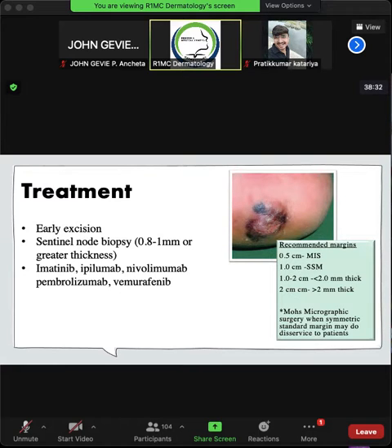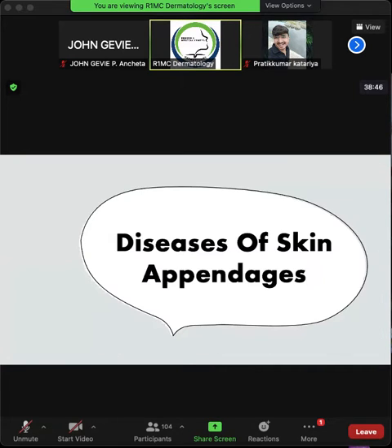This can also be advised in patients with lentigo maligna, those with mucosal melanoma, and your acral lentiginous melanoma, as well as with subclinical extension of the lesion.